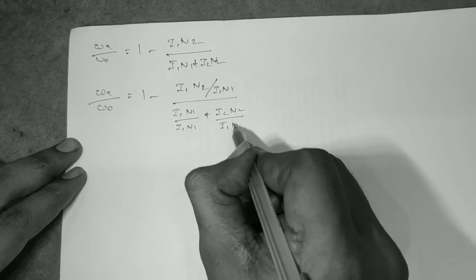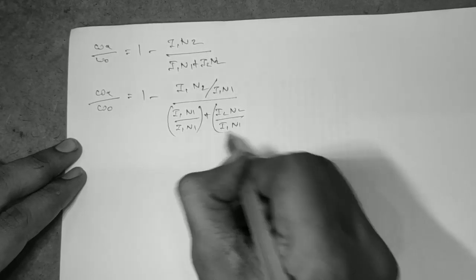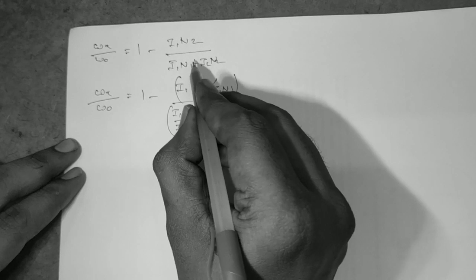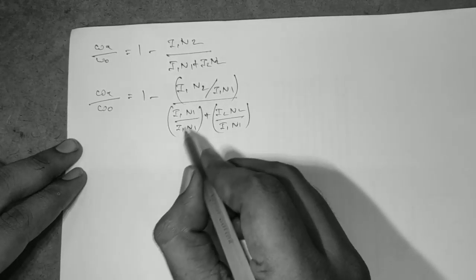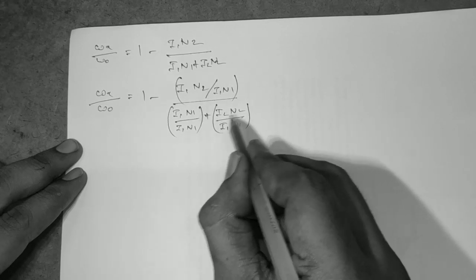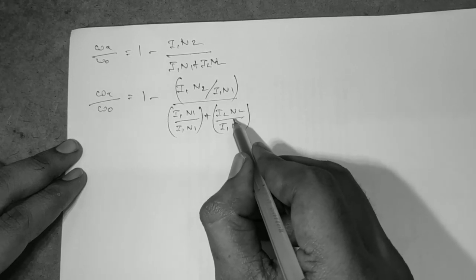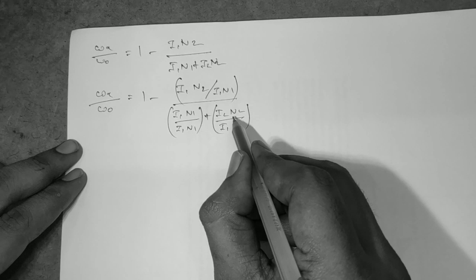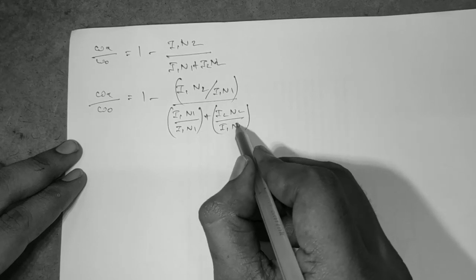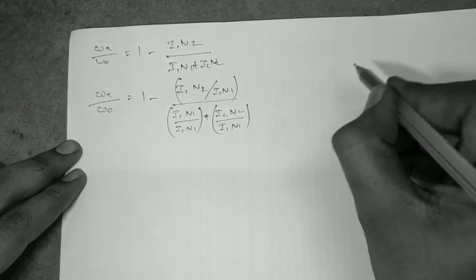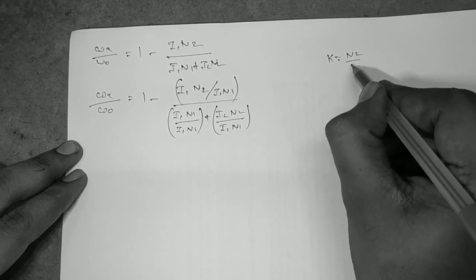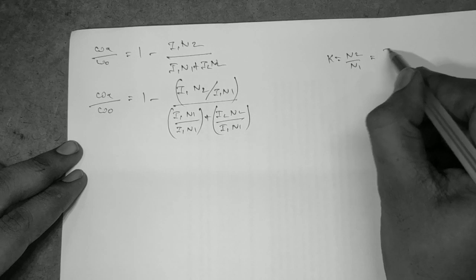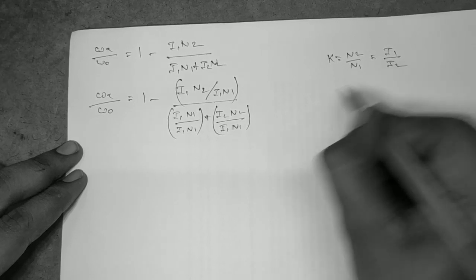In the numerator it cancels, and in the denominator k will appear. N2 by N1 is nothing but k, and I2 by I1 is nothing but 1 by k. So we know k is N2 by N1 or else I1 by I2.